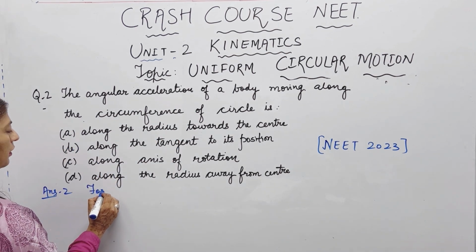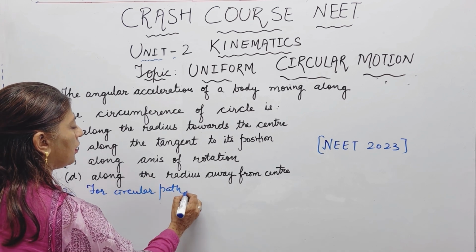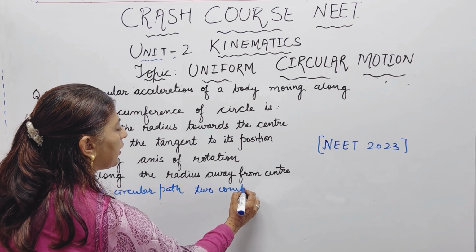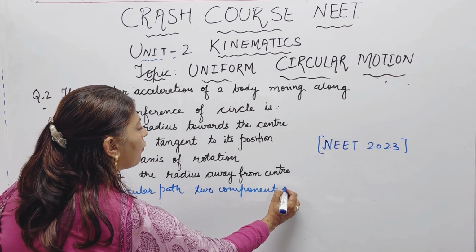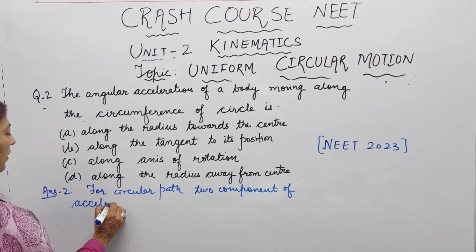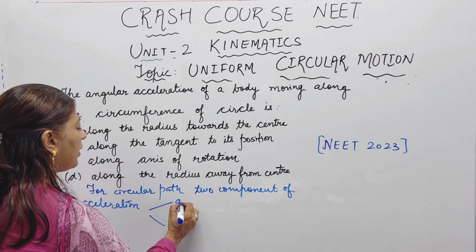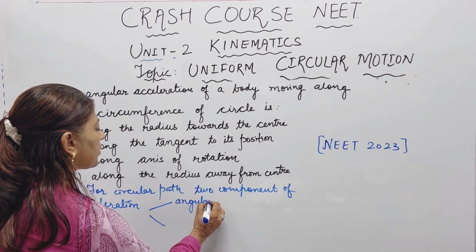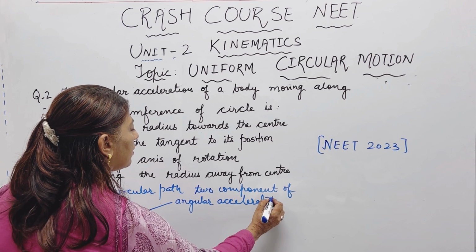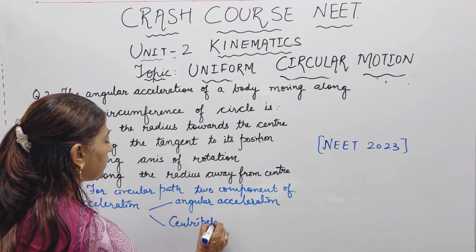For circular path, two components of acceleration: one is the angular acceleration and another is the centripetal acceleration.